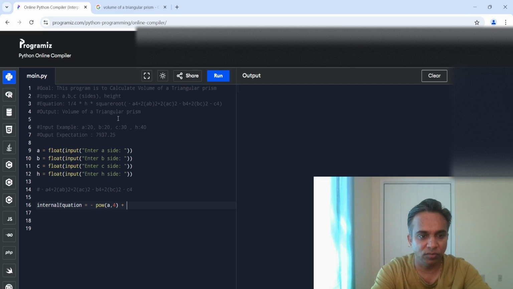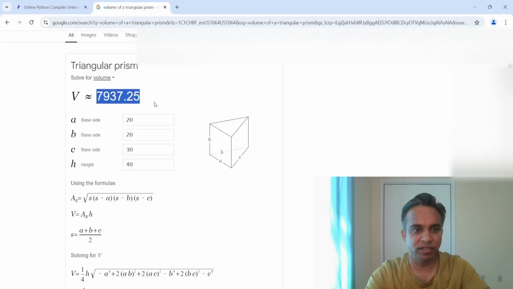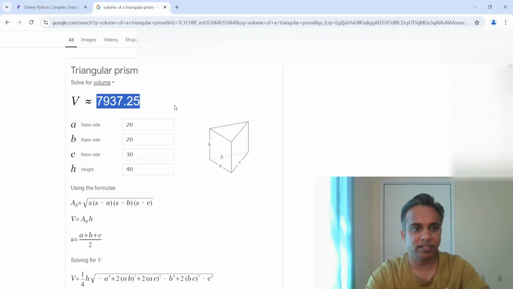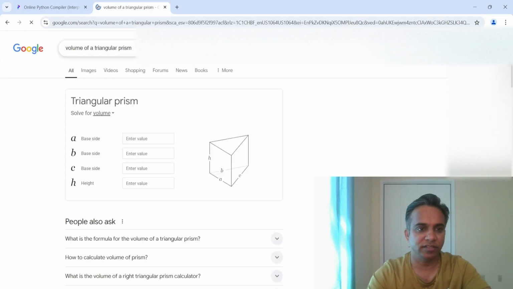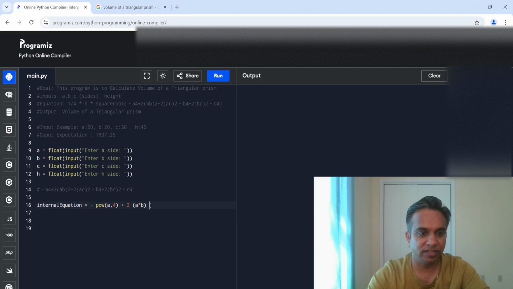Plus 2 multiplied by AB. So A is here, B, then what is the equation? Let's get the equation again, because this is the output. It is 2AB and whole square. So it is this again.